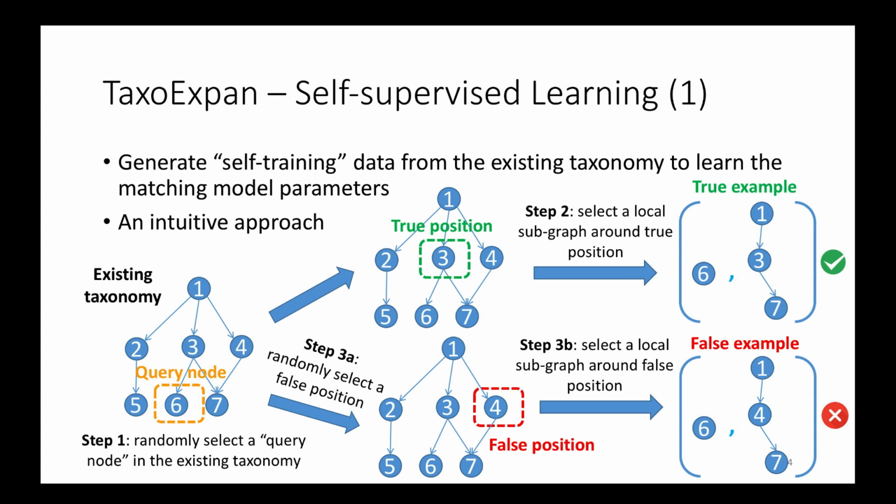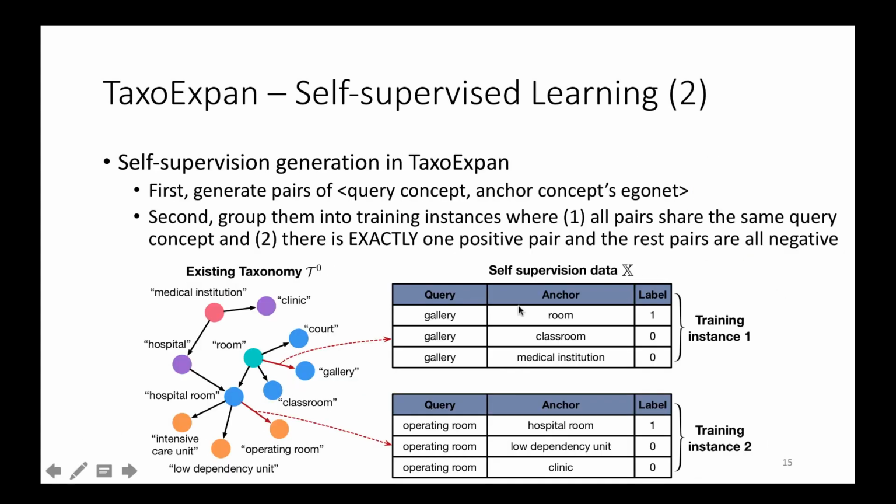However, we find a much better way to do the self-supervised learning in our work. Specifically, we first generate pairs of a query concept and an anchor concept's ego net, as described in the last slide. And then we group those pairs into different training instances, where each training instance has exactly one positive pair, and all the rest of the pairs are negative.